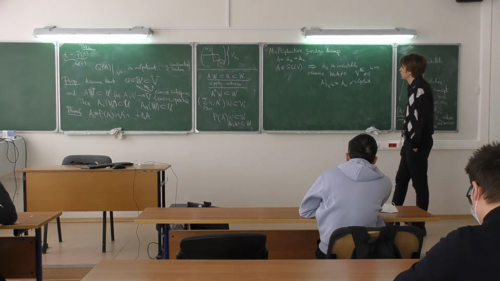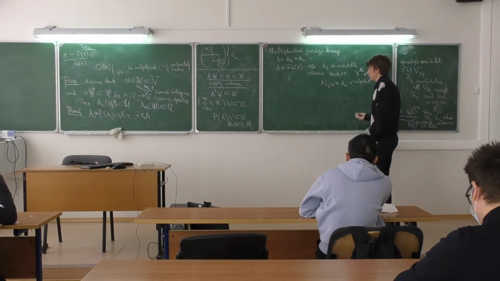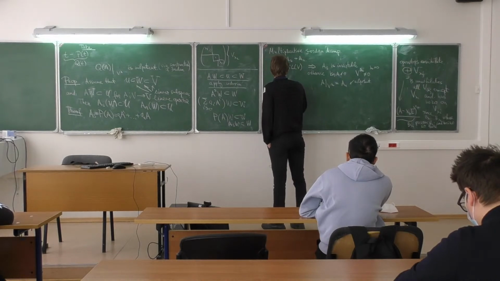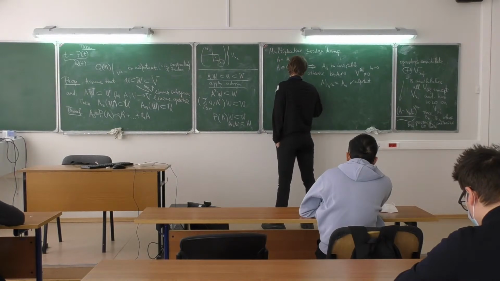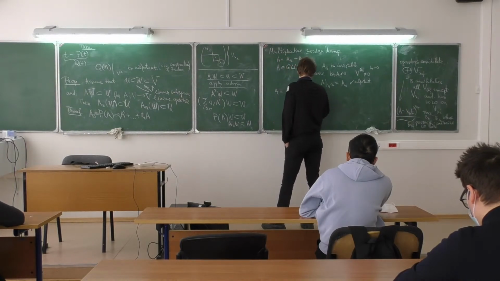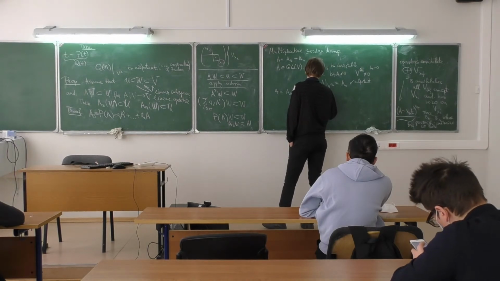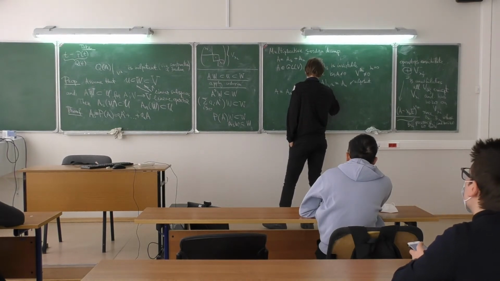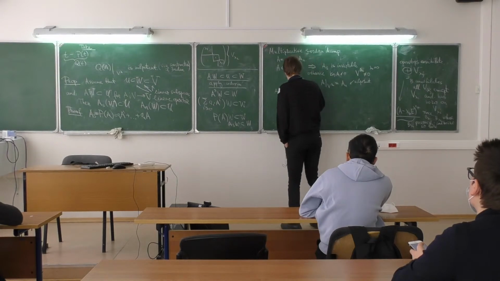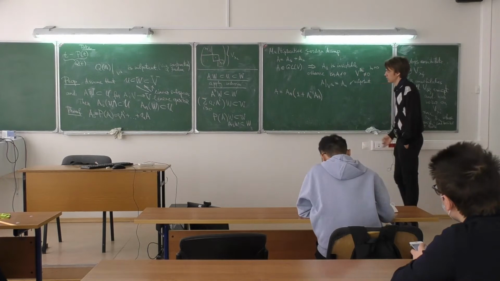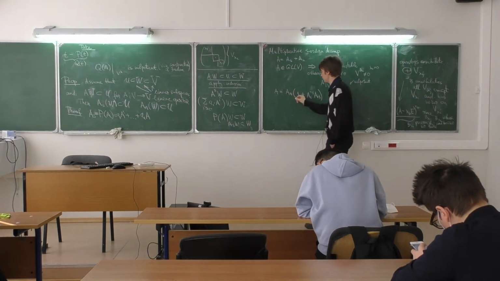So, since AS is invertible, you can write as follows, simply AS times 1 plus AS inverse AN. And so notice that this is still the same element. And what can be said about this one?